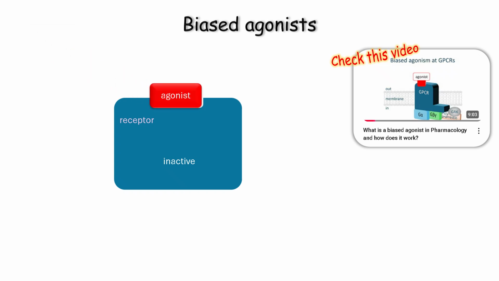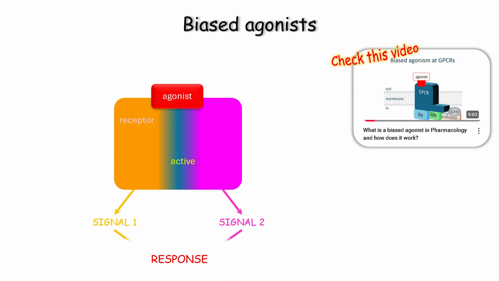That causes a conformational change in the receptor protein, shifting it from its inactive state to an active state. That change initiates a response in the cell. But to generate that response, the receptor may activate more than one signaling pathway. These pathways can be equally activated by an agonist.